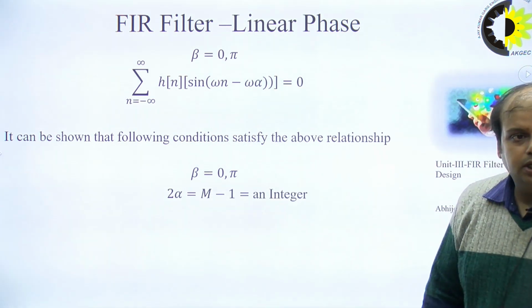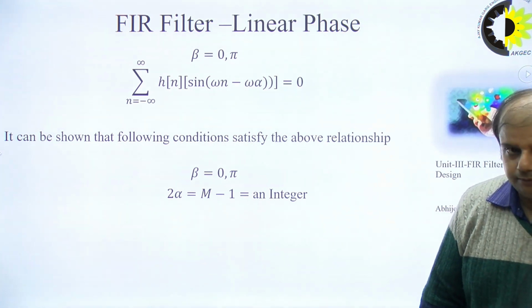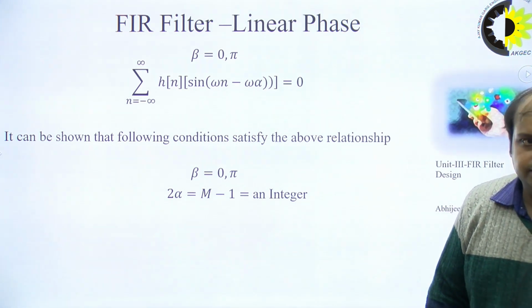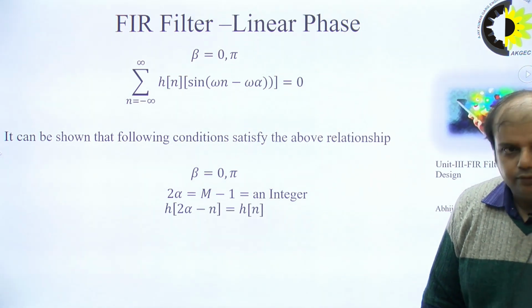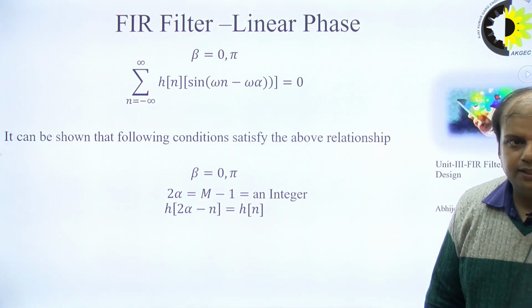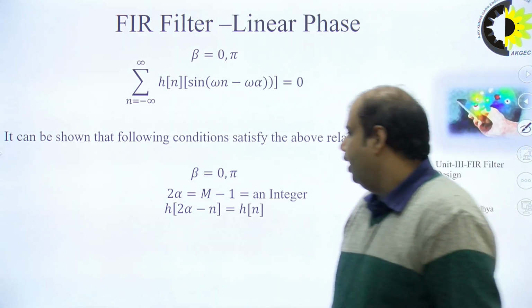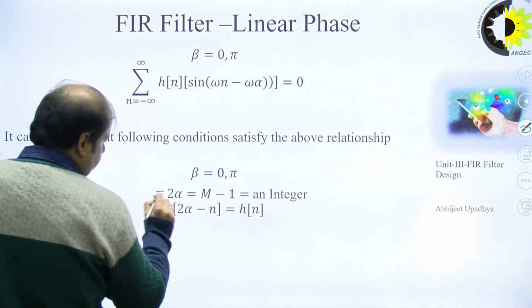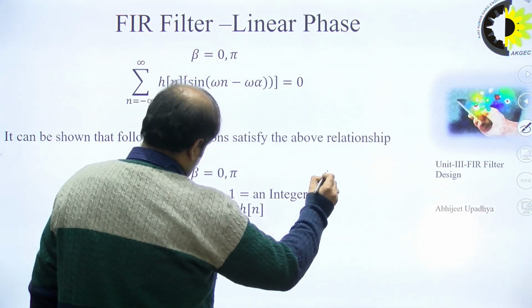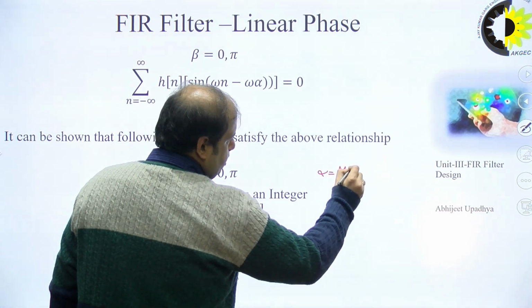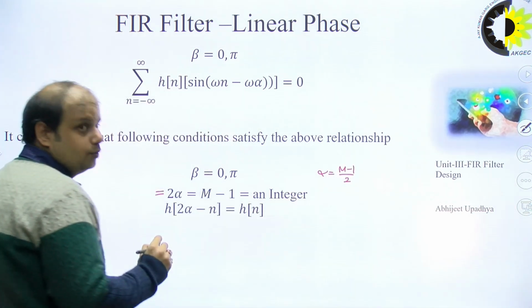The constant alpha is such that 2 alpha is equal to m minus 1, and it has to be an integer, and therefore the impulse response h of 2 alpha minus n shall become equal to h n. This is the symmetry that we are getting, and you can understand that alpha is basically m minus 1 by 2, which was in our numericals also.